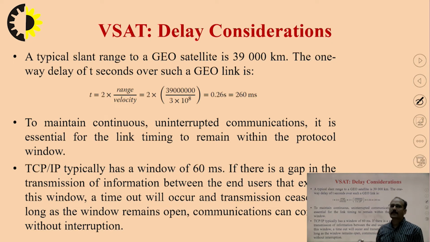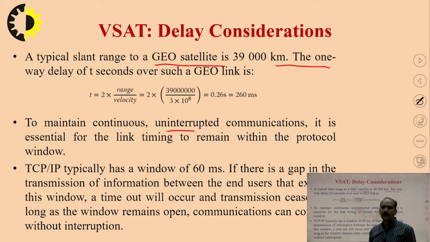In VSAT we typically use GEO satellites, and the typical slant range of GEO satellites is 39,000 km, starting from 35,798 kilometers. You can see that for that range, a communication will be delayed by t seconds over such a GEO link, because the range is around 39,000 km.